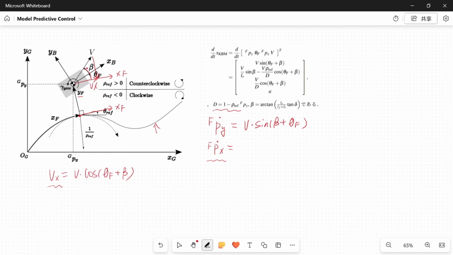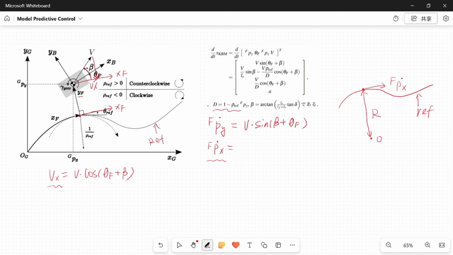Here, this is the reference curve. I draw it here. And this is the point. The tangential speed is FPX dot, which we want. And this is the radius, the center of the radius.